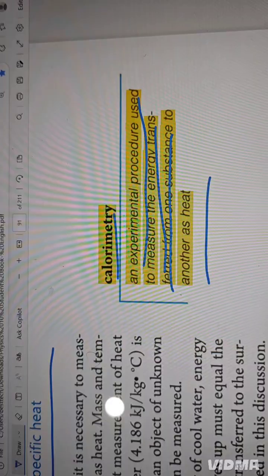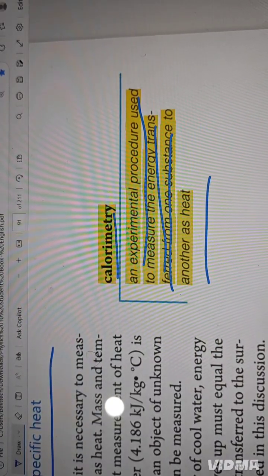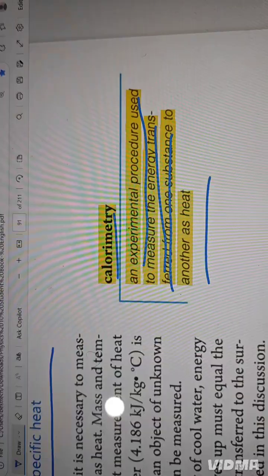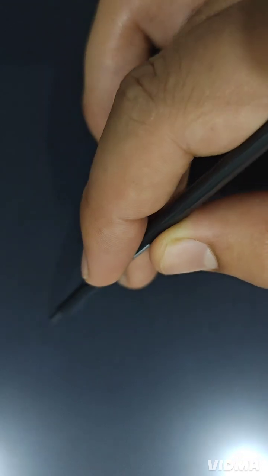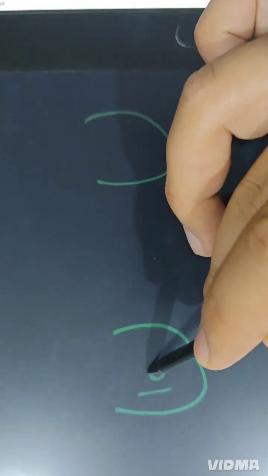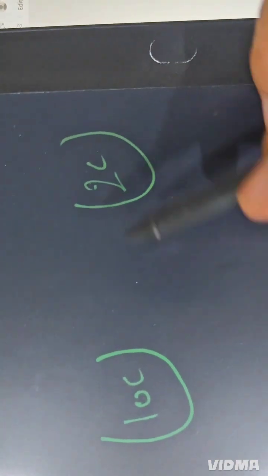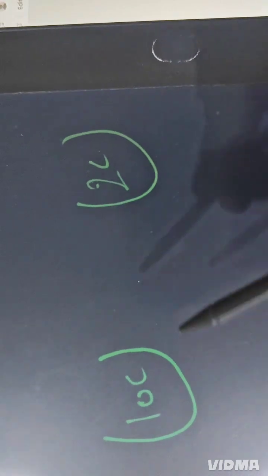In the previous section, we explained energy transferring between two objects. For example, if you have two containers, the first container and the second container. This container is, for example, 10 C, and the second container 2 C. Both containers have different temperatures. Because the temperatures differ, there is energy transferring between them. Why?